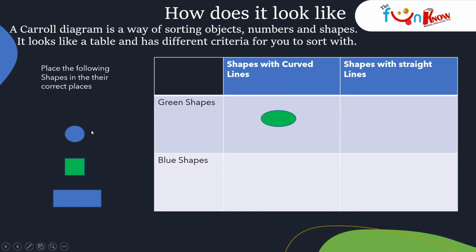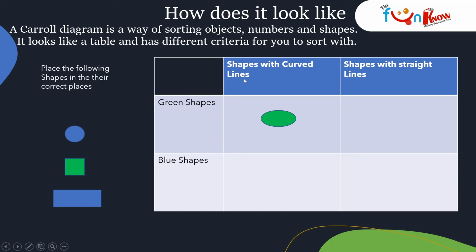Now we'll go towards the second figure, students. Now look at this figure. This figure is a circle, right? Now just tell me, students, does the circle have any straight line in it? No, there is no straight line in the circle. Very good, students. That means the circle will come under this column, that is, shapes having curved lines.